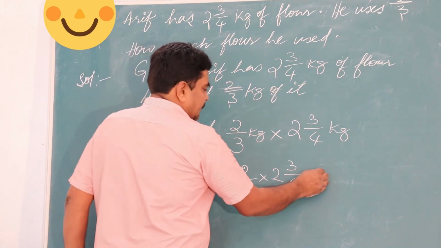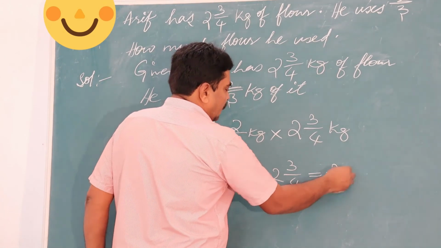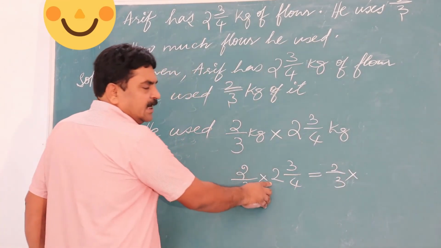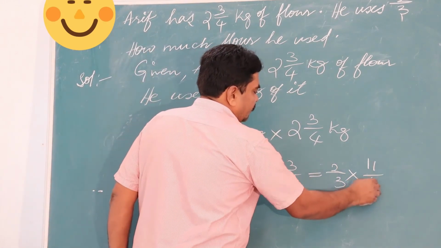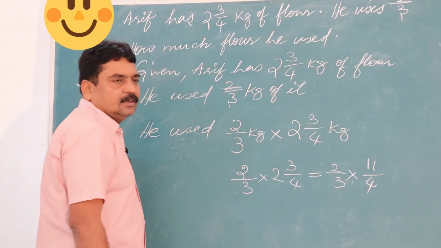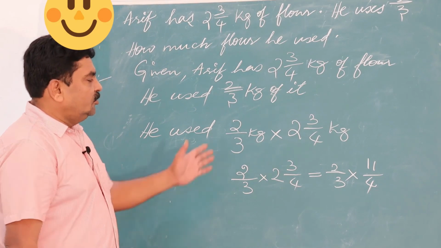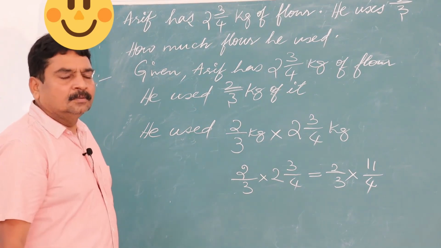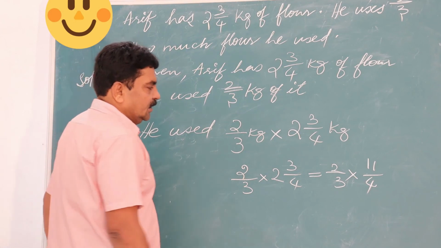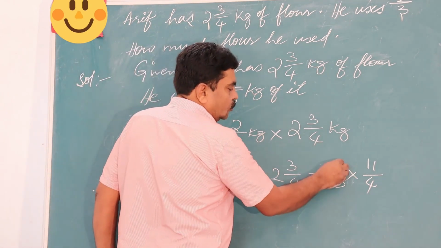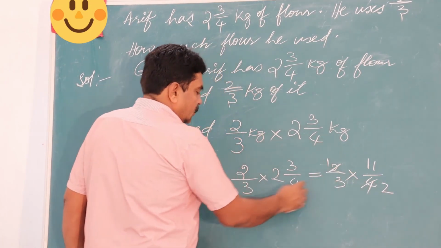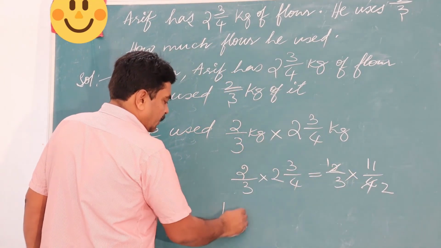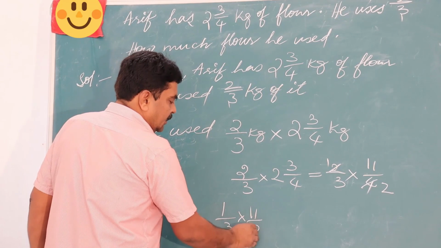So you get 2 by 3 into 4 2s are 8, plus 3 is 11, by 4. Now you have both fractions. Check whether you are going to get any cancellation. Of course you get it here. 2 1s are 2, 2 2s are 4. The new fraction is 1 by 3 into 11 by 2.